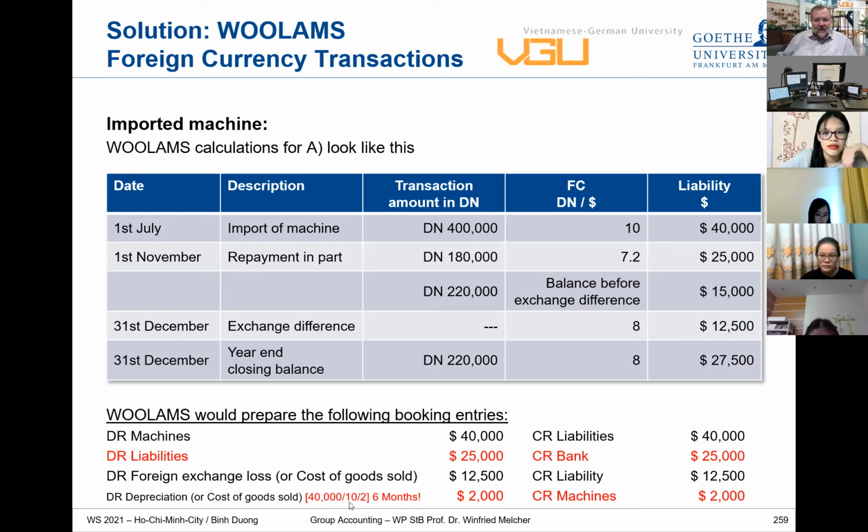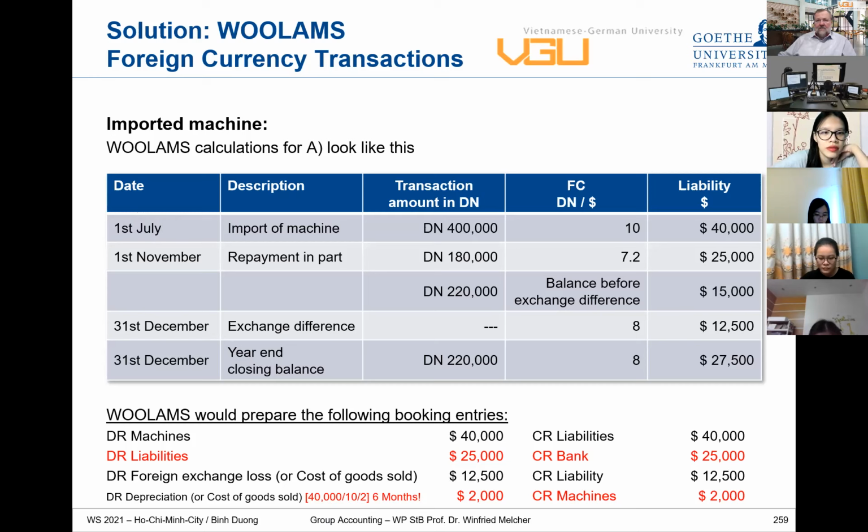That is the annual or 12 months depreciation. For the first year, we have only 6 months. Therefore, we will divide it by 2. And the resulting booking entry would be debit depreciation, which is a cost of goods sold item, and then credit machines. So we will reflect the decrease in value of that machine.